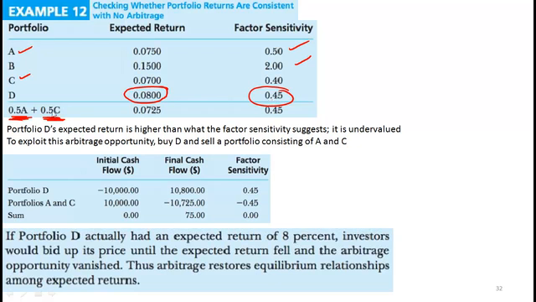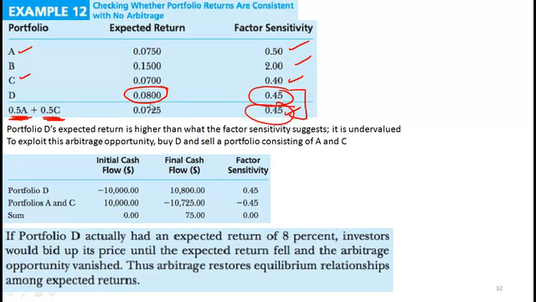By combining A and C, 50-50, the factor sensitivity is simply the average of the two. That's 0.45. So if you create D by combining A and C, the factor sensitivity is the same as what you have in the market.